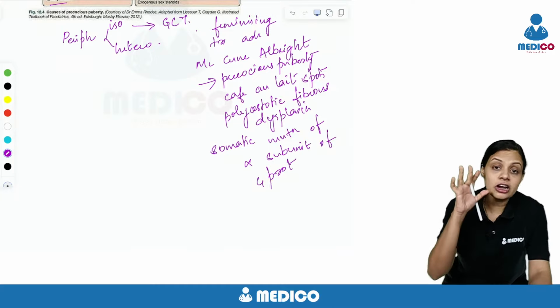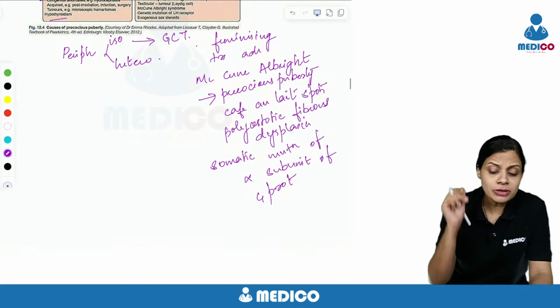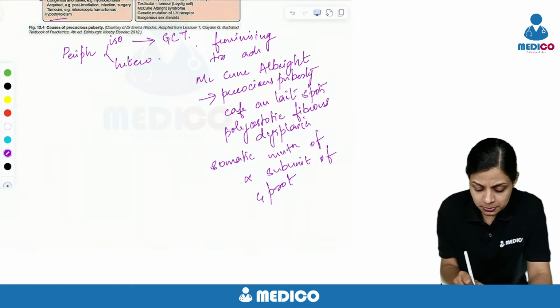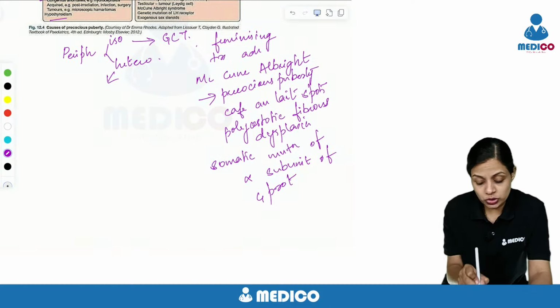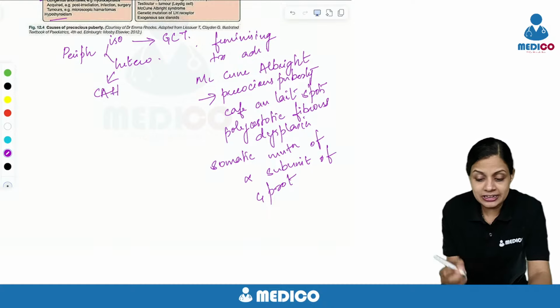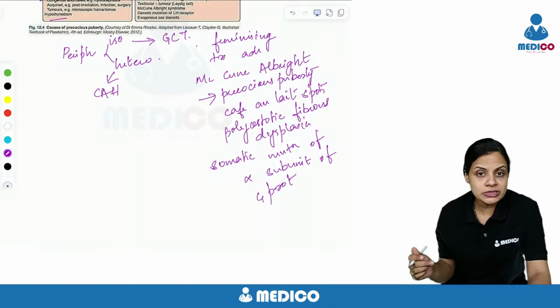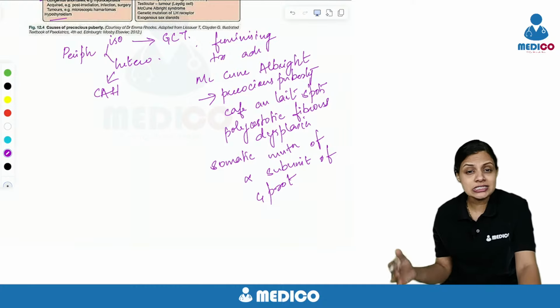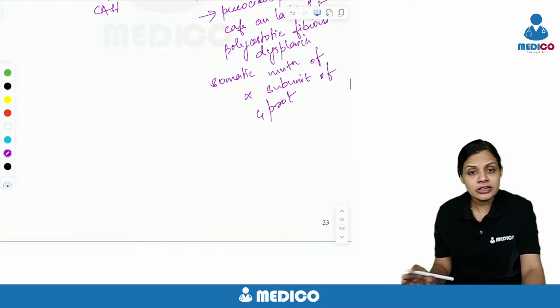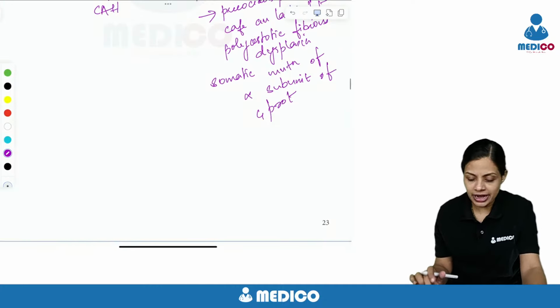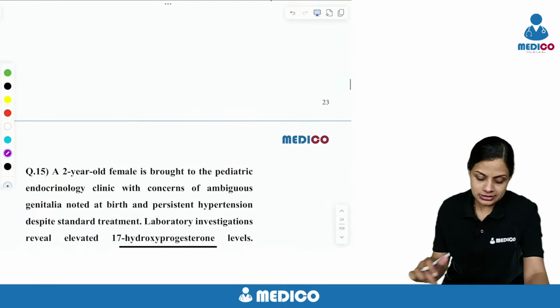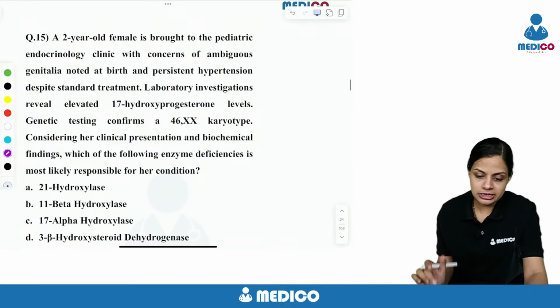Okay, this is with regard to the isosexual puberty. What about the heterosexual puberty? The most important thing with regards to heterosexual puberty is congenital adrenal hyperplasia. It can also be seen in ovarian or adrenal testosterone secreting tumors, or there is exogenous intake of androgens. Okay, that is about precocious puberty.